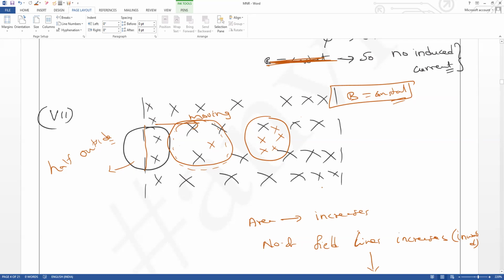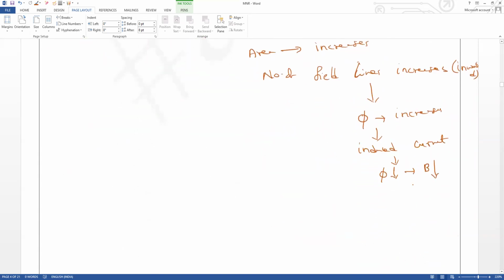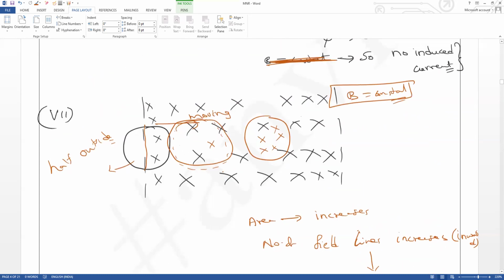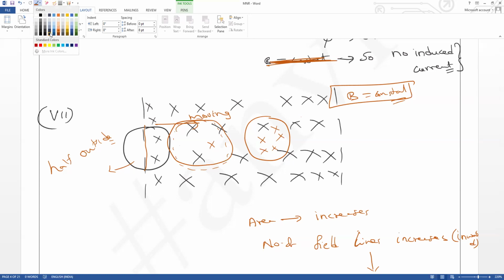Yes. Now, induced current. So flux is decreasing. Flux decreases, B decreases. Now tell me what is the direction, clockwise or anti-clockwise? It is not supporting, it is opposite. Increases means same direction as the magnetic field. Opposite means opposite; decreases means opposite to the direction of the magnetic field.